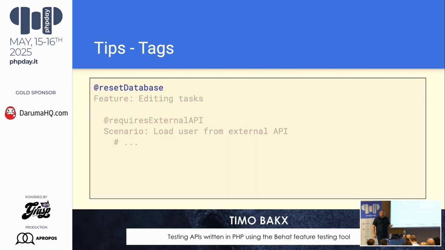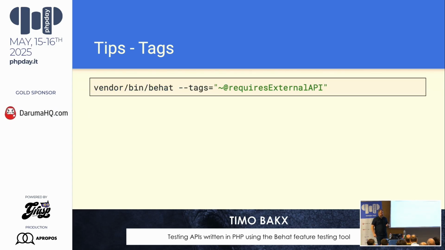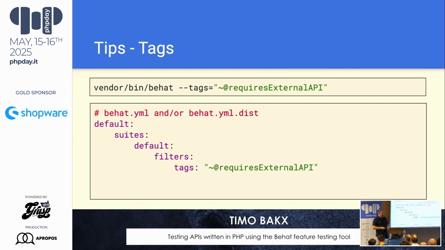If you want, you can use these to filter out requests. So if you test for an endpoint that uses a third-party connection, and your CI doesn't have access to that third party, you might want to skip those in CI, but you do want to have them locally so you can actually run stuff. You can also do this by default and just set this up like this.